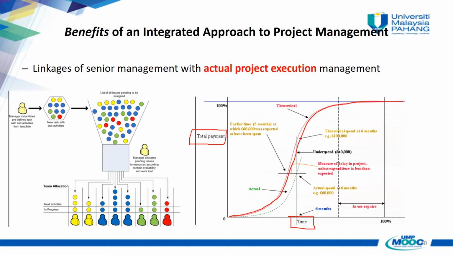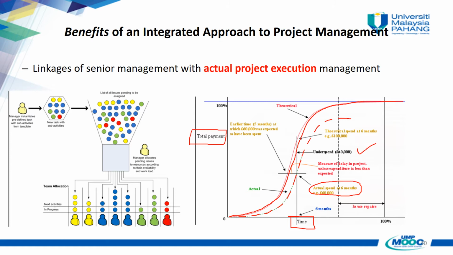We can compare what happened to our actual use of payment and also use of time. So we will see if the actual spend here is lesser or more compared to our theoretical. And we also want to know if we are in a state of underspend or overspend.